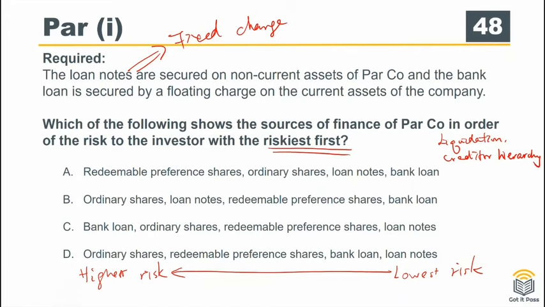The riskiest should be when the company is liquidated. They have the lowest priority to claim any financial benefits from liquidation. So the lowest priority in the claims, the first one, should be the ordinary shareholder. And next is the preference shareholder.